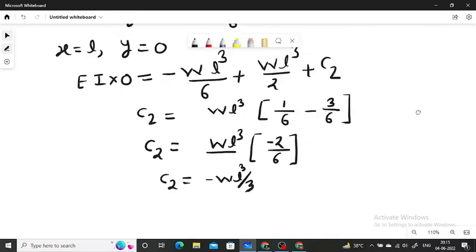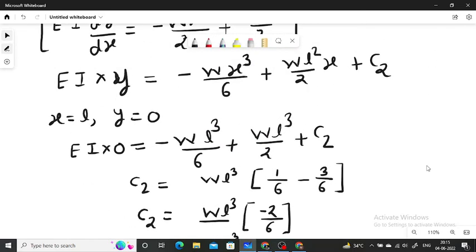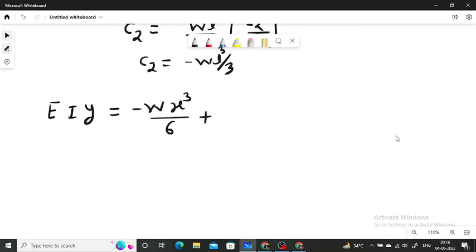Now putting this value in the deflection equation, EI into y is equal to minus WX cube upon 6 plus WL square X by 2 minus WL cube by 3.